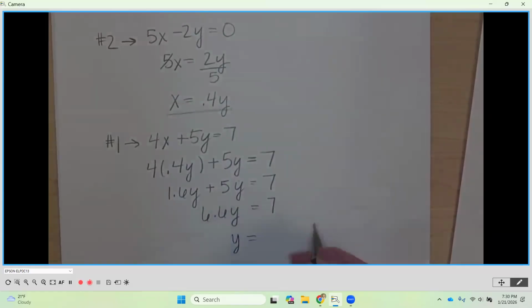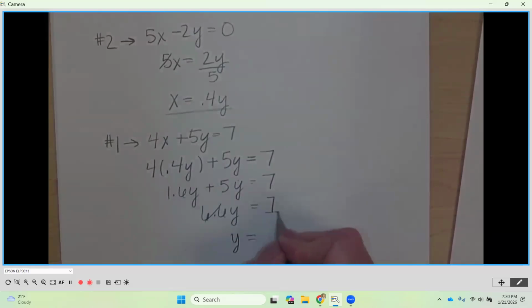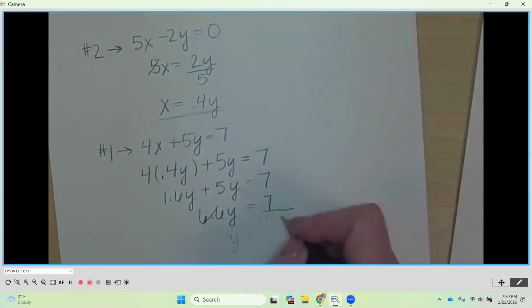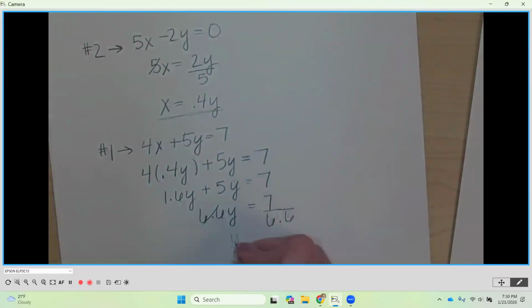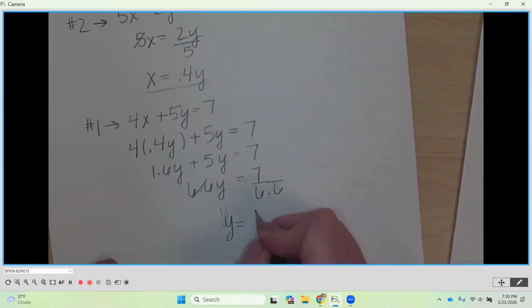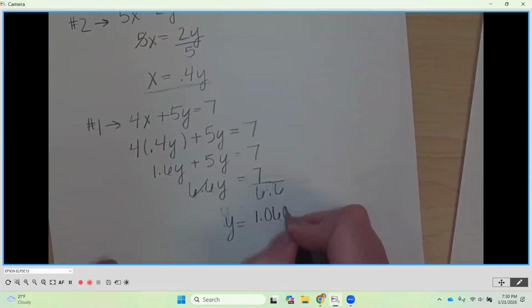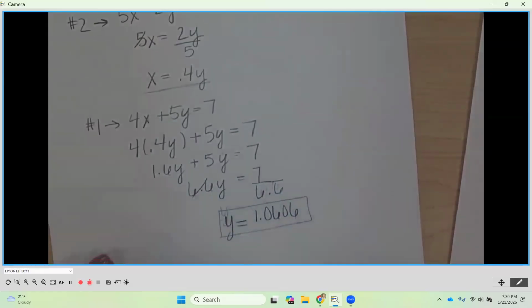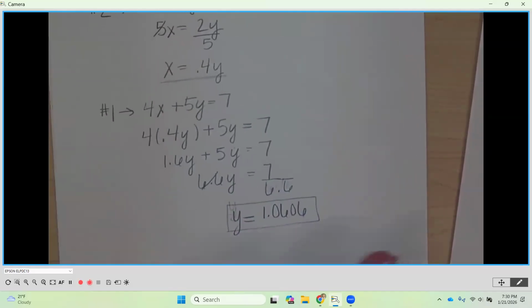And then for our y, we're going to divide both sides by 6.6. So our y is going to be equal to 1.0606. This one doesn't have quite as nice numbers to deal with.